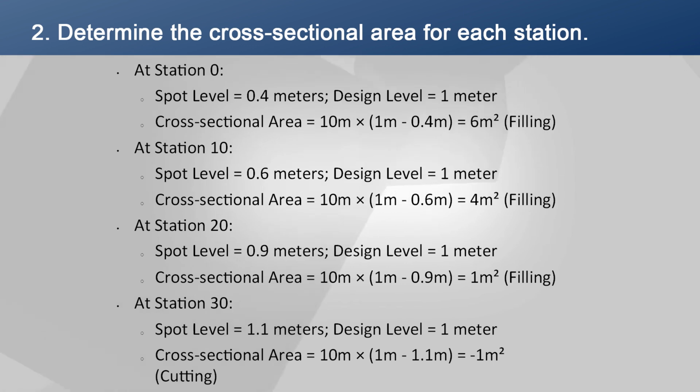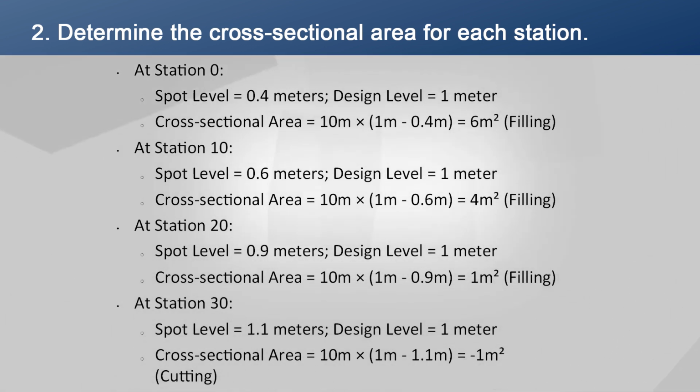At station 20 meter, spot level given is 0.9 meter, design level is 1 meter. So, cross sectional area will be 10 meter into (0.9 minus 1). So, it will be minus 1 square meter, minus means filling. At station 30 meter, spot level given is 1.1 meter, design level is 1 meter.